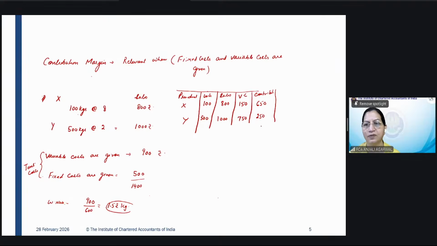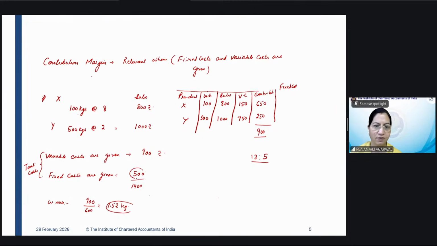So this is the ratio. 65 is to 25 or 13 to 5. This is the ratio in which fixed costs would be allocated.